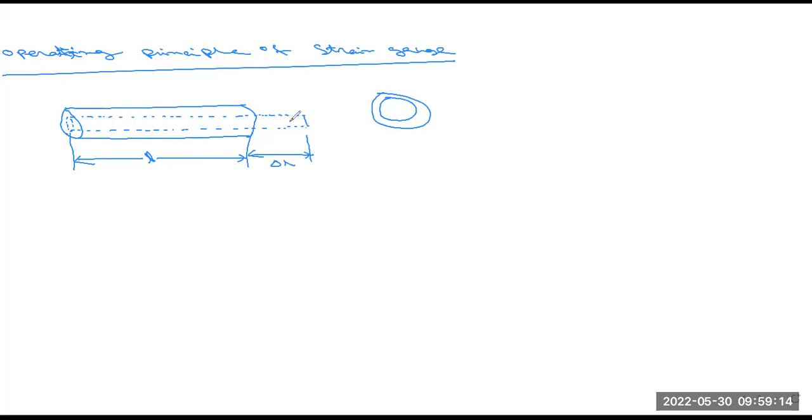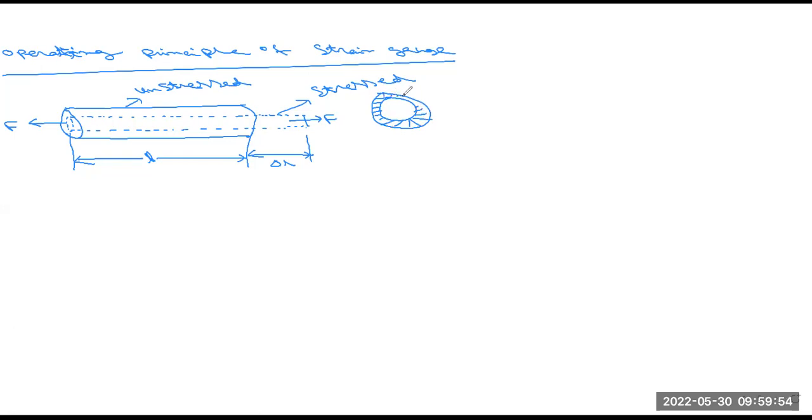Okay, force we apply F, on both outer sides, and this type of material is unstressed, and this material is stressed material. That is, this material is stretchable, and this is basically the cross sectional area of these two types of material.